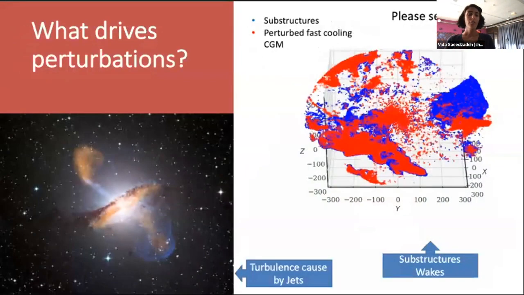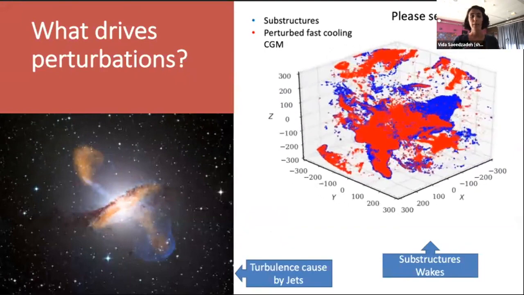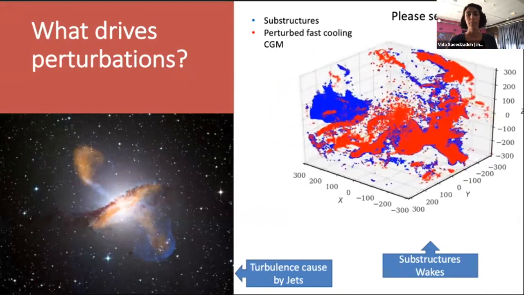So the next natural question that comes to mind is, what drives these perturbations? The result of studying idealized simulations shows that the turbulence caused by jets is the main source of these perturbations.